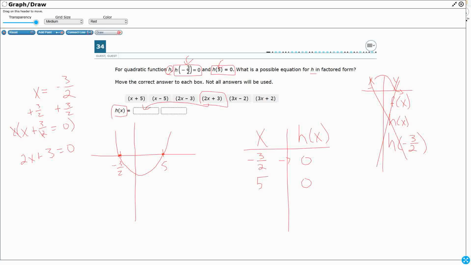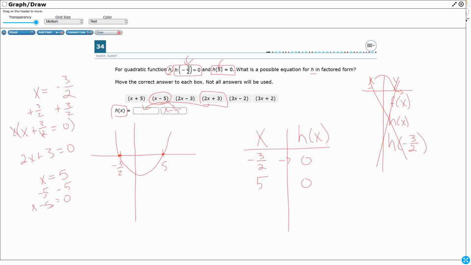Now I could do the same thing over here with the 5. If x equals 5, let's get the x and the 5 on the same side, so we're going to subtract 5 from both sides. We can set that equal to 0 because we know that is one of our solutions. So we can say x minus 5.